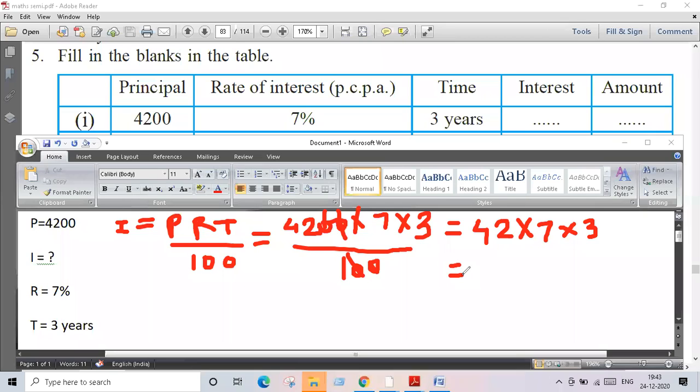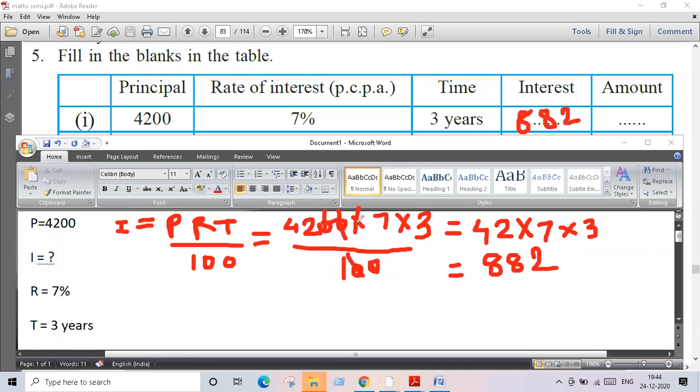Fast. So once you get I, you find out A. किती आला बघा I, फटाफट करा. 42 into 7 into 3. 882. 882, right? So here इथे लिहायचं तुम्हाला 882 is your interest.